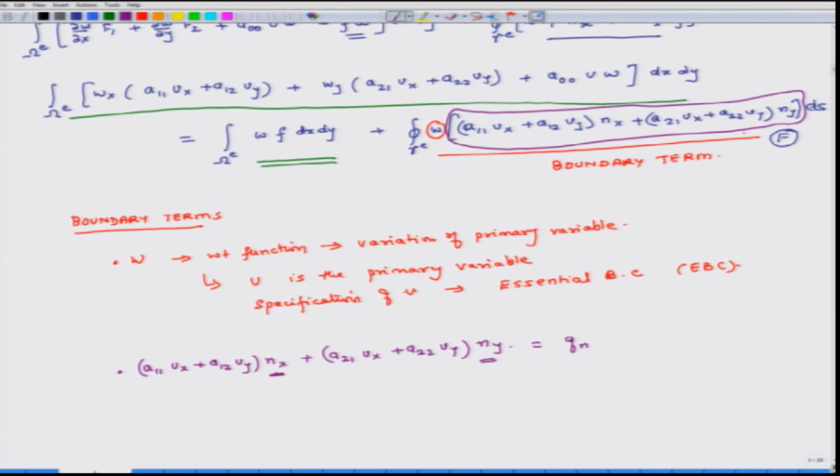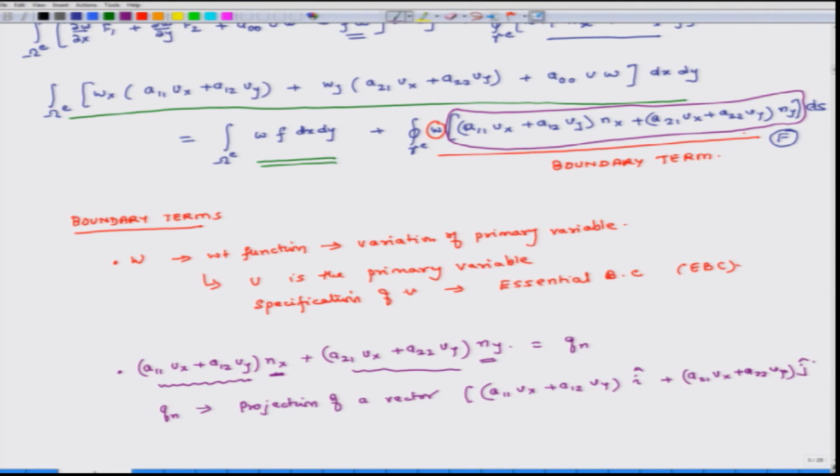So, this term represents projection of an entity in the x direction, and this represents in the y direction, right. So, what this means is that Qn represents projection of a vector, and what is that vector? The vector will be A11 ux plus A12 uy times i plus A21 ux plus A22 uy times j.